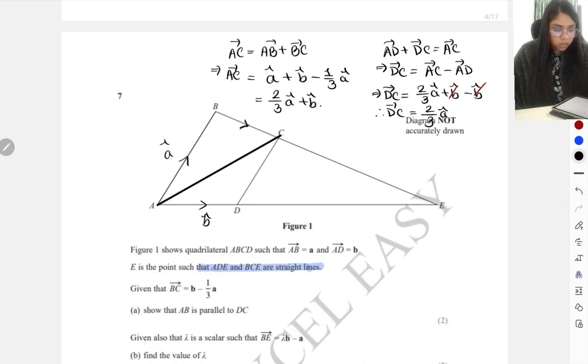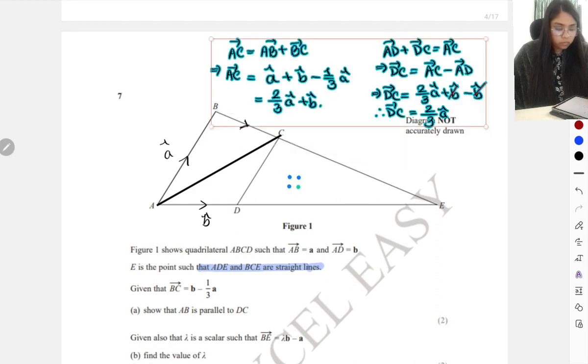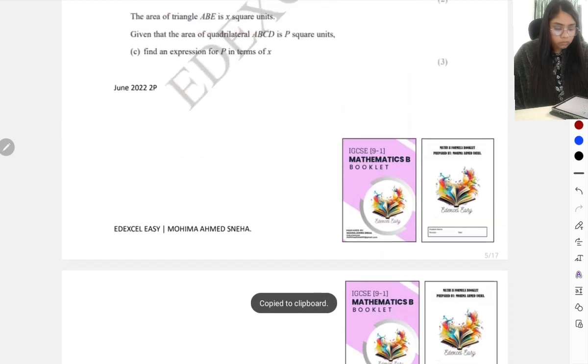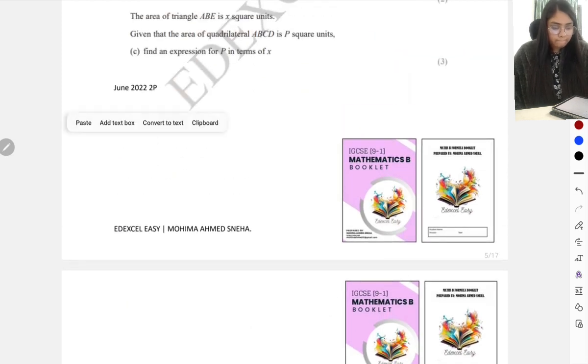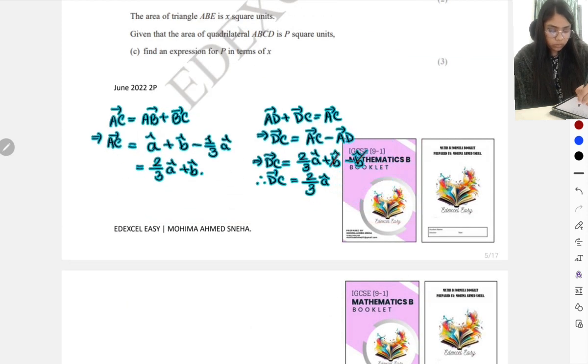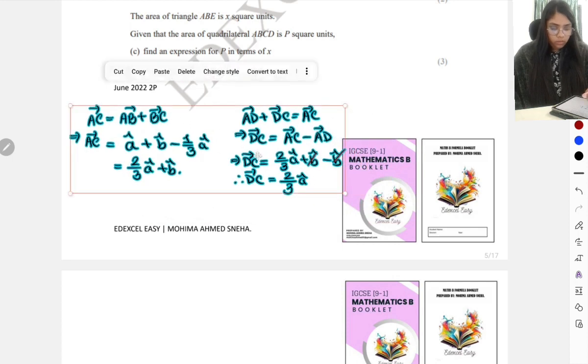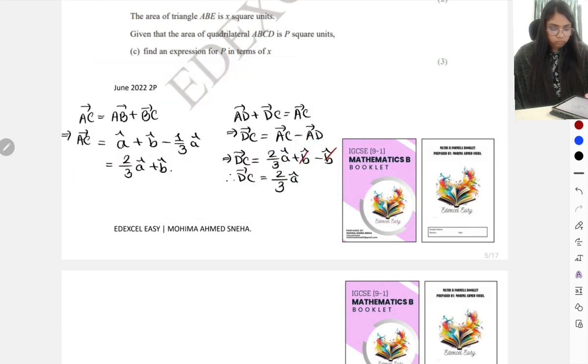I'll just quickly cut this over here and move it to the bottom space. Now over here, since you get DC as 2 by 3A, what was the value for AB? AB was just A, right?